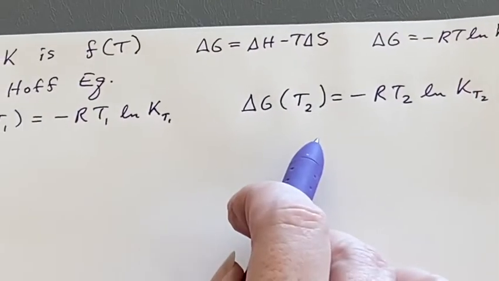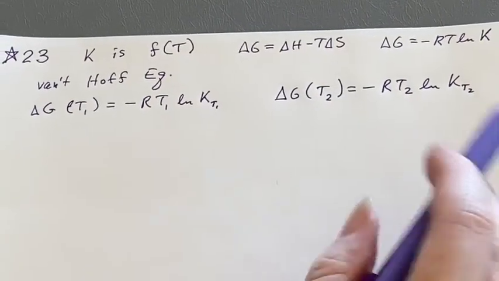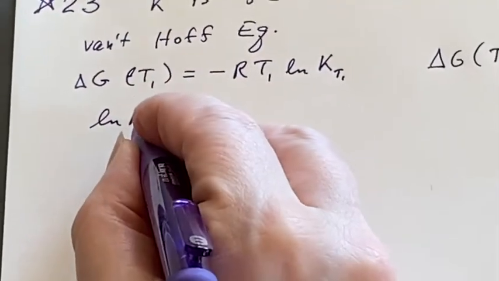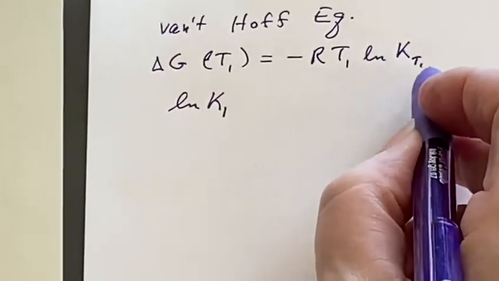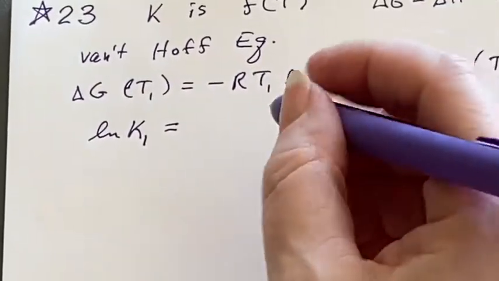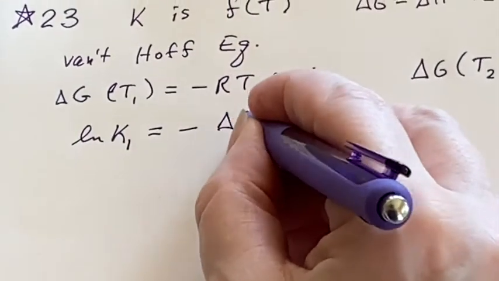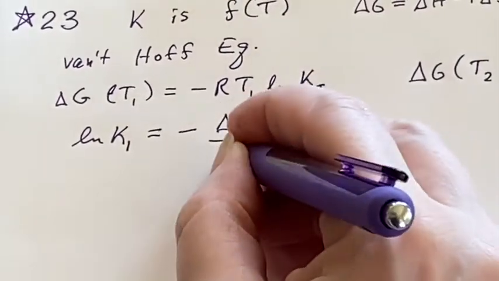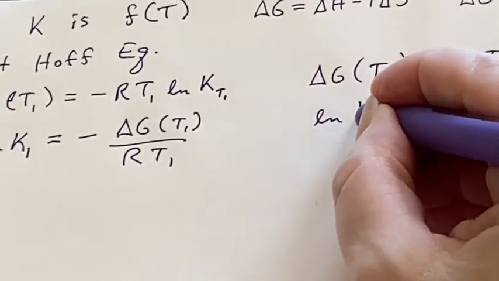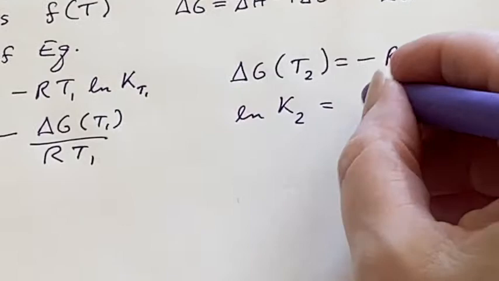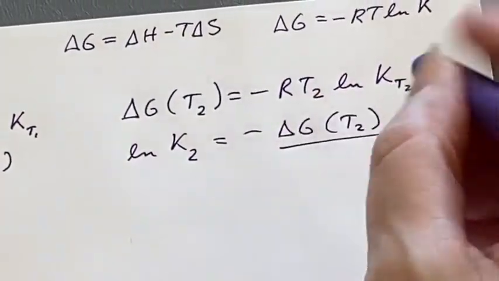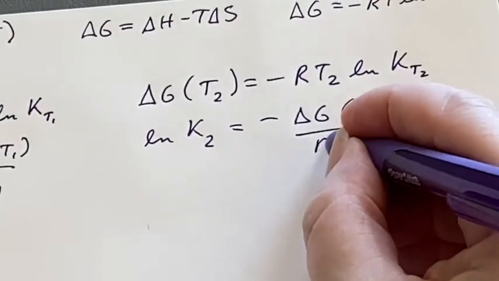Since I'm not in a mood to divide logarithms, I'm going to rearrange this and just call it K1 now and say that it is associated with temperature 1. Subscripts on subscripts starts looking pretty weird. This is negative delta G at T1 divided by R T1. And the same idea here. The natural log of K2 is going to be minus delta G at T2 over RT2.